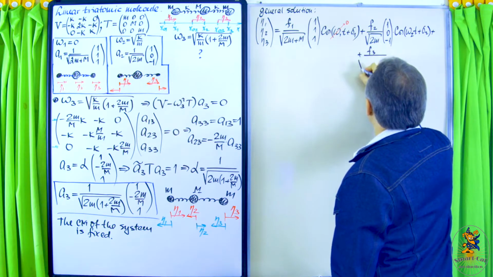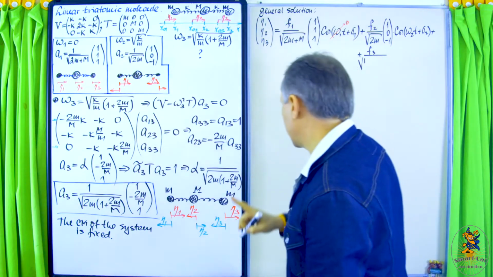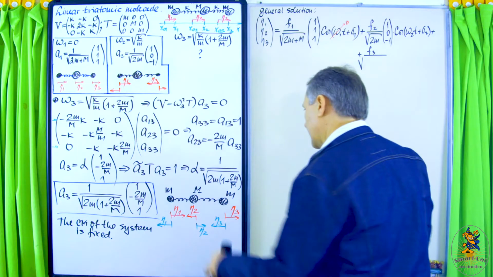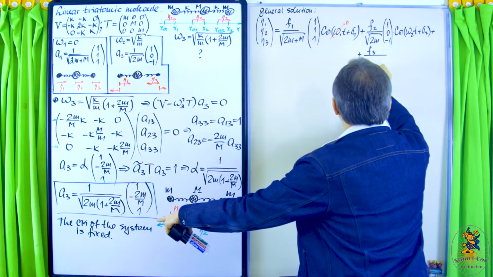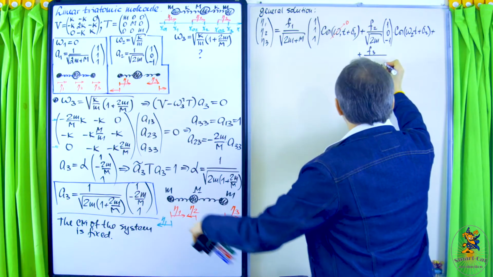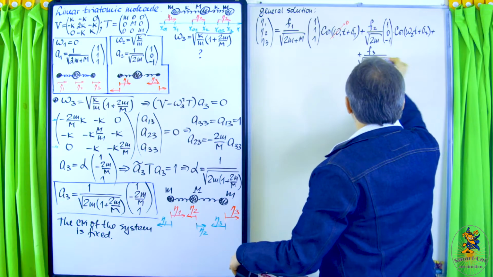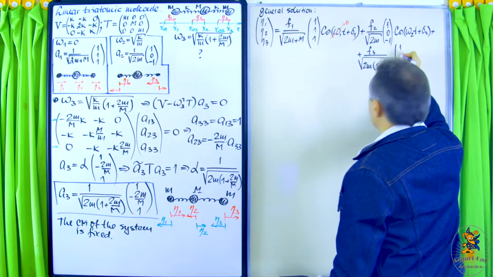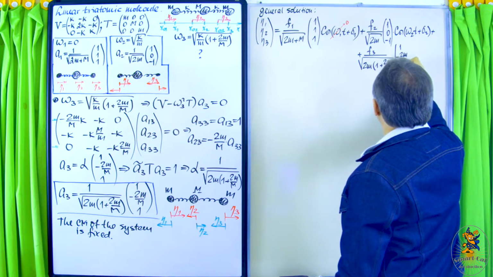f3 divided by square root of, where's my normalization factor? Okay, I have to write normalization factor. It's 2m times 1 plus 2m small over m capital, close square root, and 1 minus 2m small over m capital.